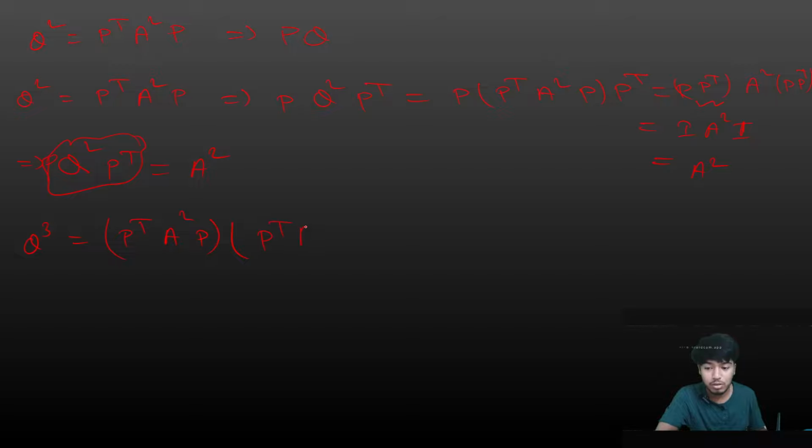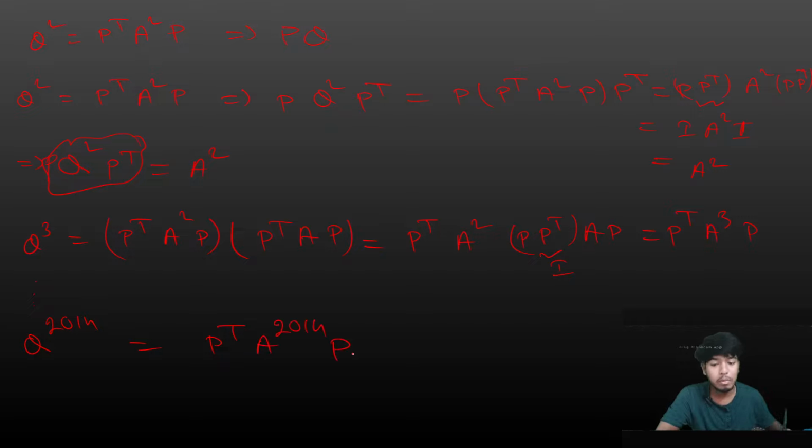Q is P transpose A P, and that gives P transpose A square P transpose A P. This middle part is the identity matrix, so we get P transpose A cube P, and so on. In a similar way, Q to the power 2014 equals P transpose A to the power 2014 P.